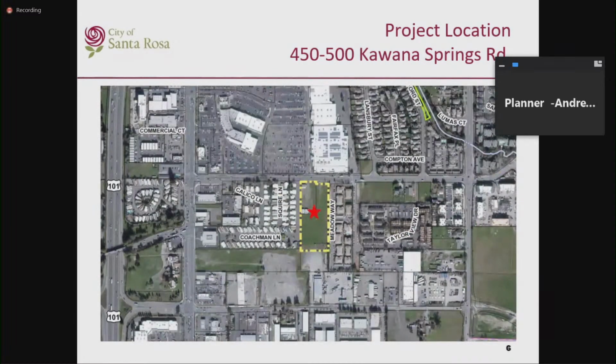As we zoom in on the project location, we see that it's across from the Santa Rosa Marketplace. That location includes Target, Costco, Trader Joe's, and other opportunities to access commercial goods and services. To the west is Carriage Court, an age-restricted mobile home park established in the 70s that features approximately 75 units.